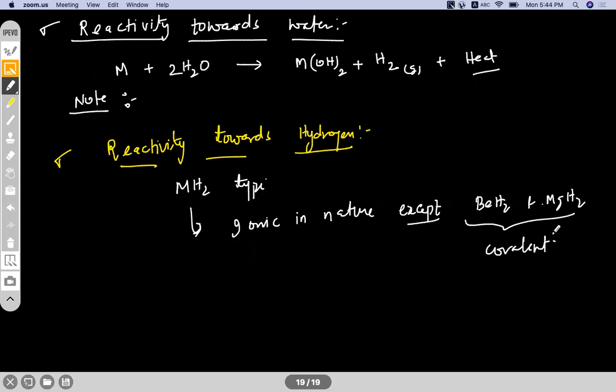Because of the small size of the cation, there is more polarization, so covalent nature is there. Done. Next, write down reactivity towards halogen.